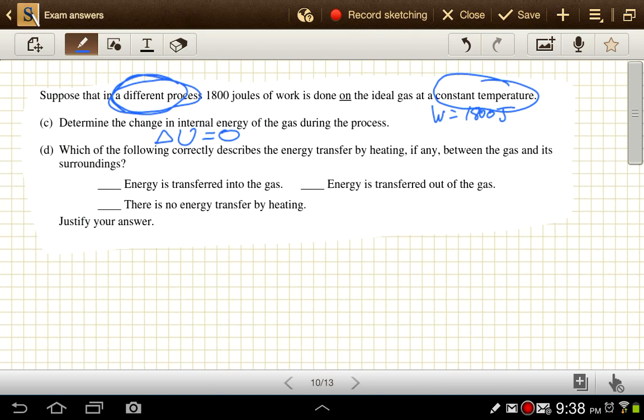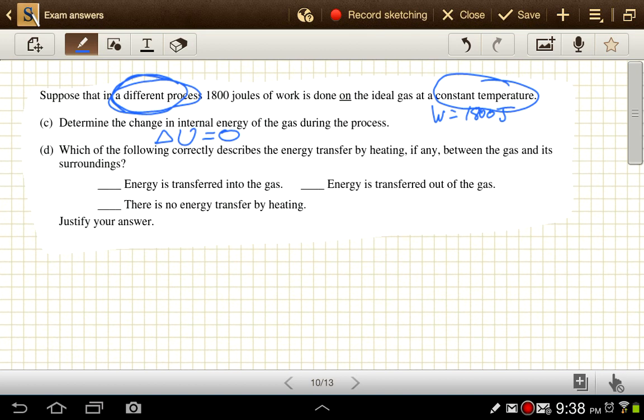Okay, and then with heat, are we adding energy by heat? Are we taking away energy by heat, or energy is moving out of the system by heat? Or is no energy transferred by heating? Again, that constant temperature is going to throw people off. They think, well, if temperature stays the same, it must mean nobody turned the heat on, so heat must be 0. We haven't transferred any energy from heat.